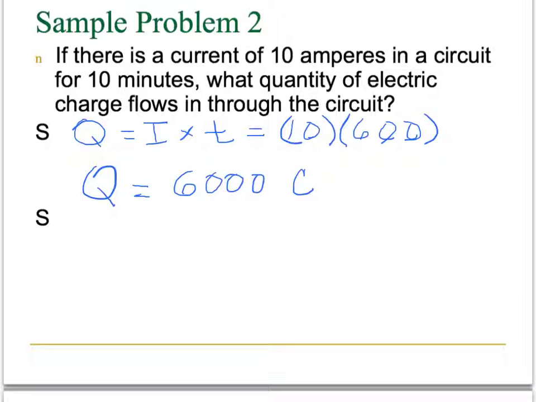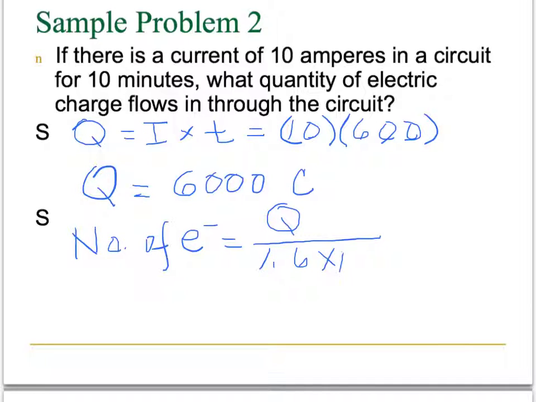Now let us try to determine the number of electrons flowing. So to solve for the number of electrons flowing, we just divide the charge by the charge of one electron. So we know that the charge of one electron is 1.6 times 10 to the negative 19 coulombs per electron.